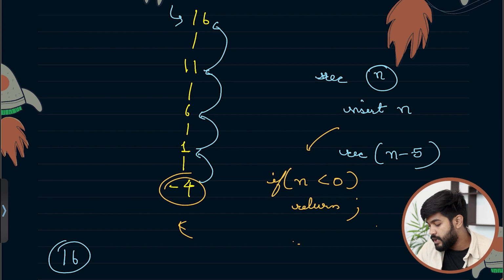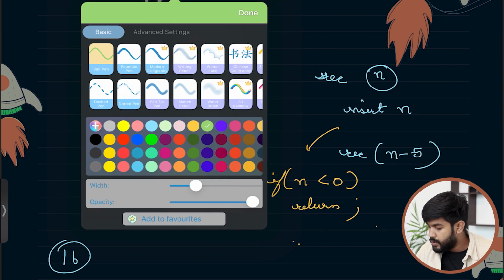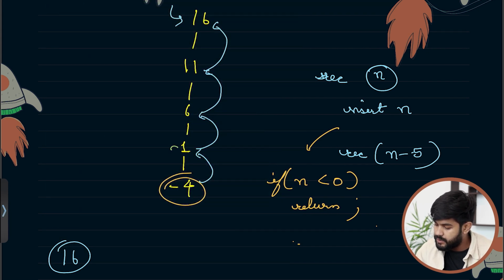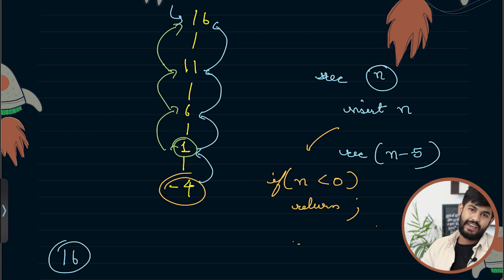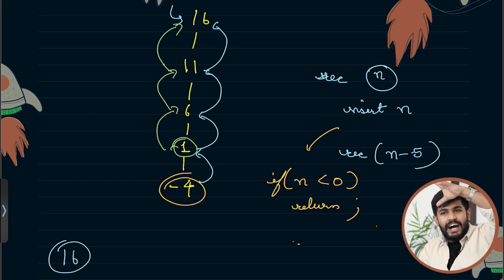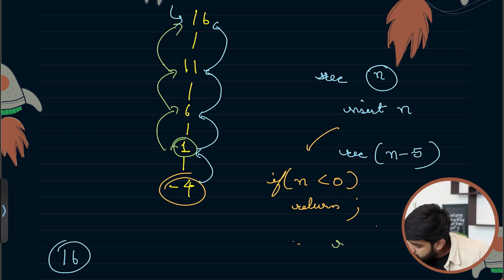But now what I want is to insert this value, that is 1, again after the recursion is done. In the process of going back, we want it to insert again. So I would just say insert or print n again.